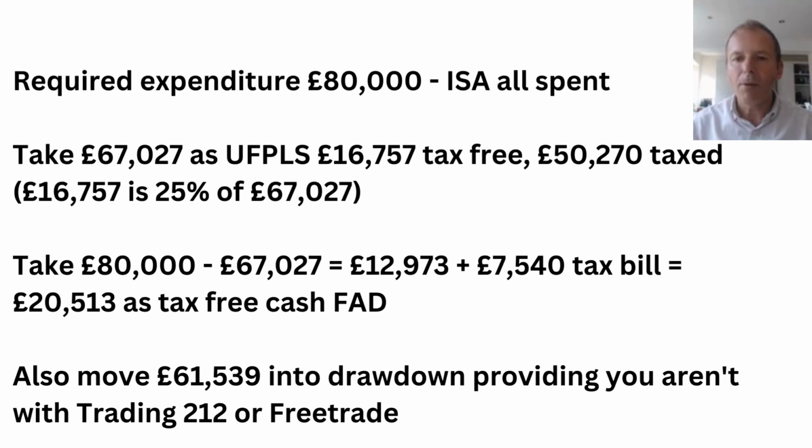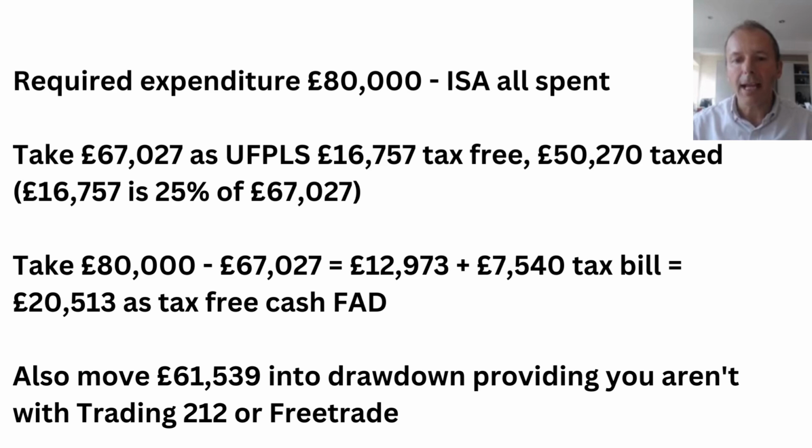So as an example, if he wants to spend 80k, ISA's all gone, you can take about 67,000 as UFPLS from a pension, and that'll utilise all the 20% tax band, and then the rest of the money you take as flexible access drawdown tax-free cash, which would actually end up being over £20,000 because you've got the £13,000 gap, and then you've also got the £7,000 tax bill.